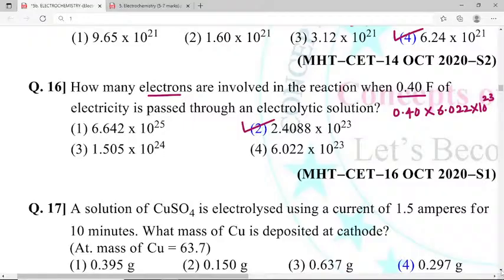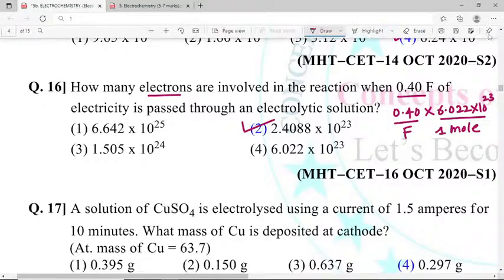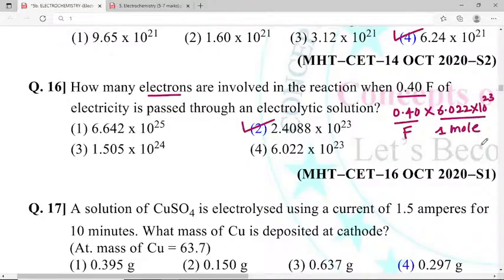Faraday multiplied by the mole. If you multiply Faraday with the number of moles of electrons, and Avogadro number, you will get the number of electrons.